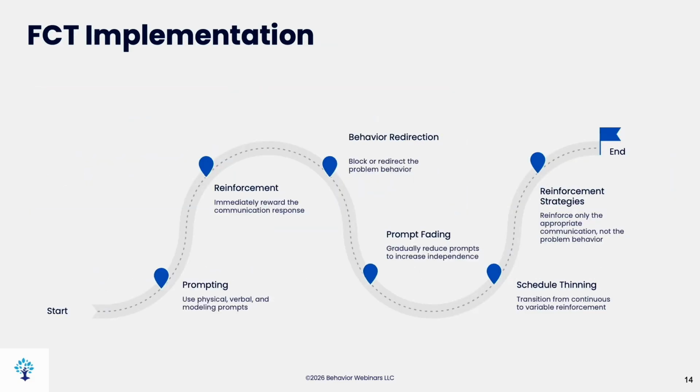So here's an example of implementation. We use physical and verbal model prompts. We provide the reinforcement immediately, redirect problem behavior, gradually reduce prompts to increase independence, and then thin that schedule out from continuous reinforcement to some sort of variable reinforcement or just a thinner schedule. Reinforce the appropriate communication, not the problem behavior.